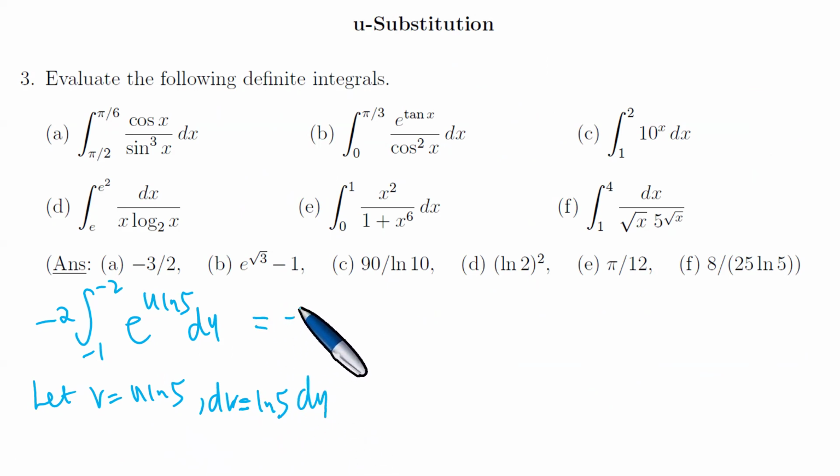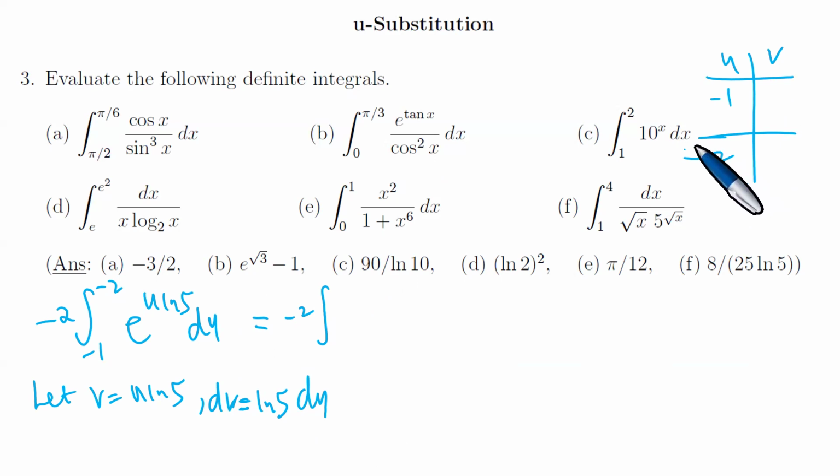We change the limits of integration from u to v. U is minus 1 to minus 2, and v is u ln 5, so it's going to be minus ln 5 to minus 2 ln 5.